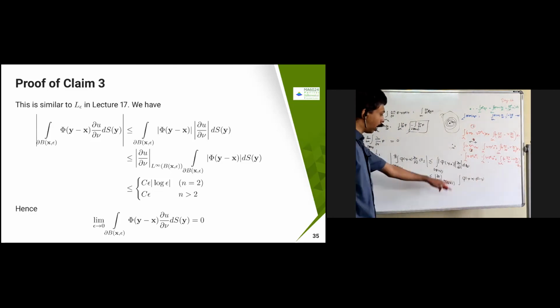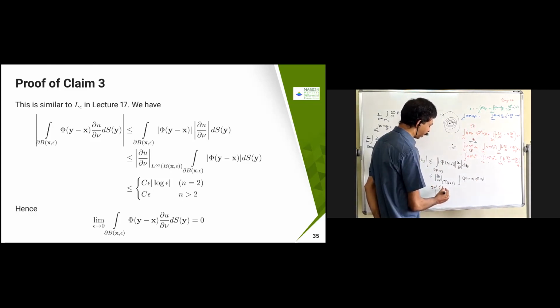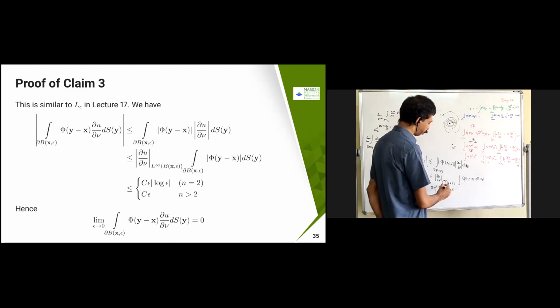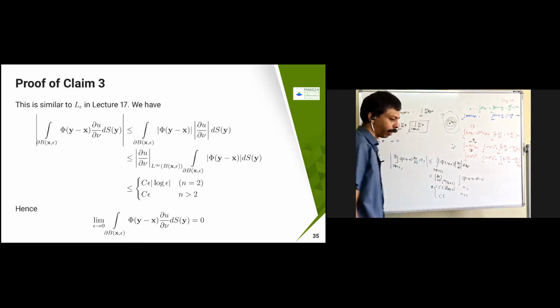So this I am just going to call some C. This is less than or equal to C epsilon modulus of log epsilon for n equal to 2 and C epsilon for n greater than or equal to 3.